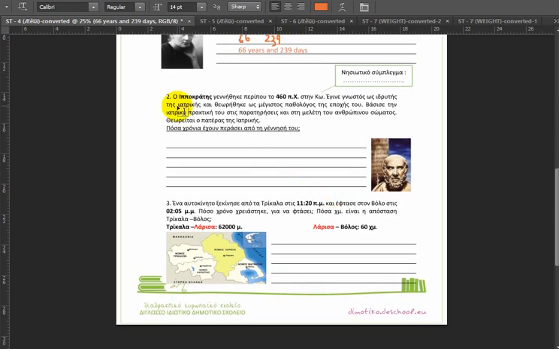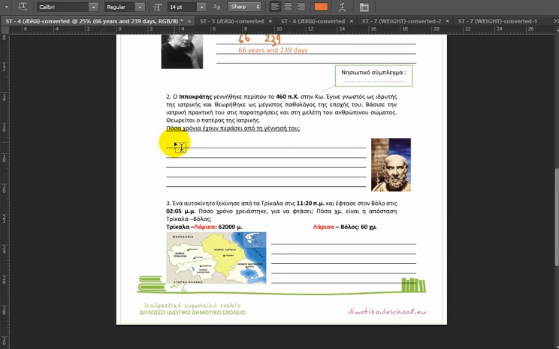Let's move on. Now this talks about Hippocrates, and it tells us that he was born 460 BC. This is very important, BC, and it asks how long it's been since he was born. 460 BC means 460 years before the year 0.